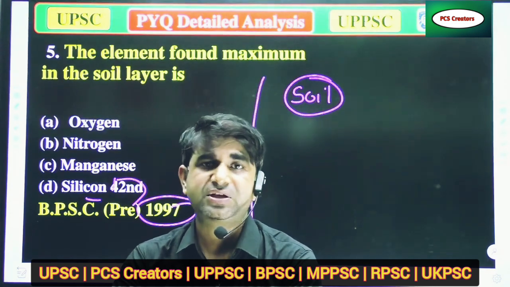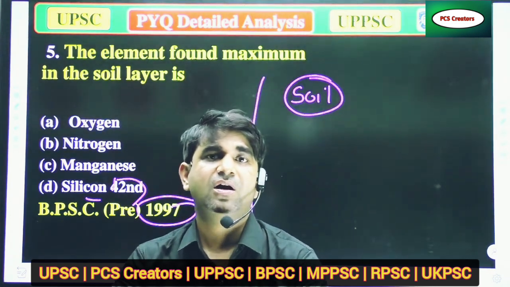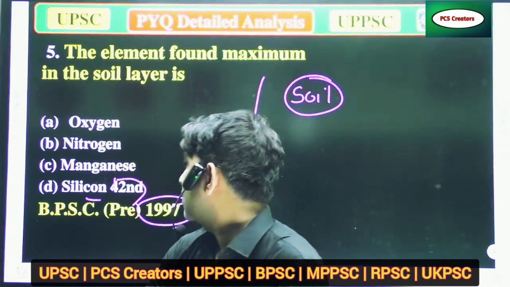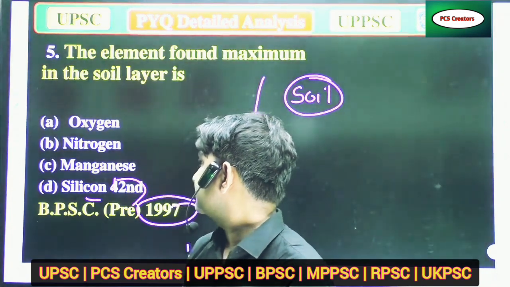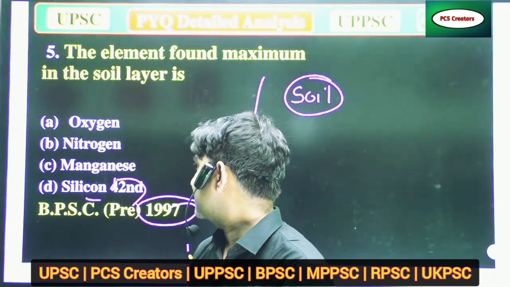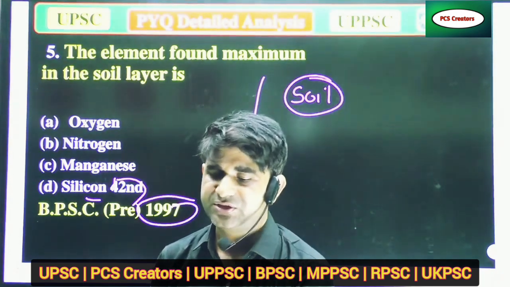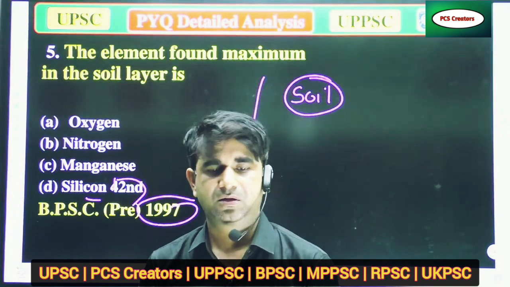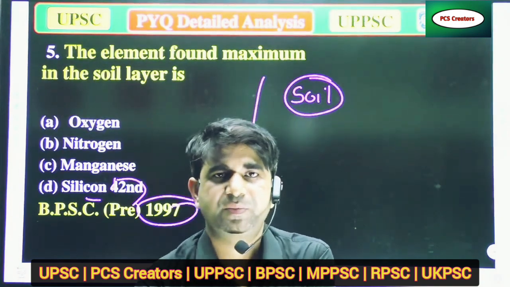So which element is most abundant in the earth crust? Oxygen, nitrogen, manganese, or silicon. Everyone, please try to attend that question.